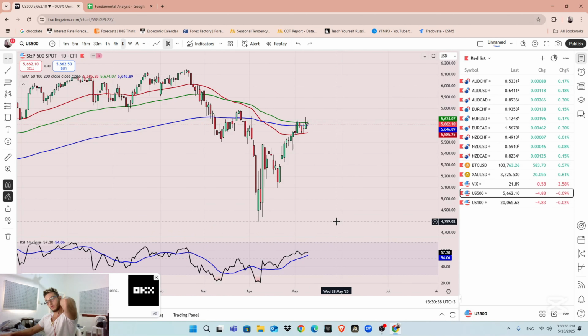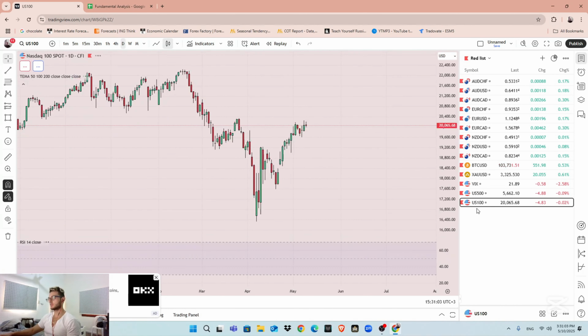Next week we have core CPI, PPI, retail sales and consumer sentiment. So we have good data to see if the US 500 will likely keep going to the upside or reject from this area and continue to push to the downside.